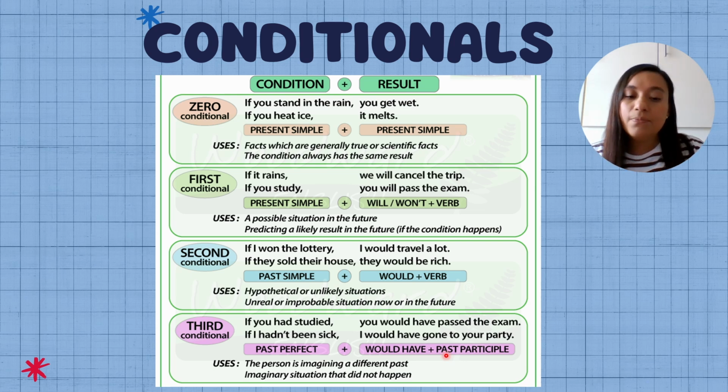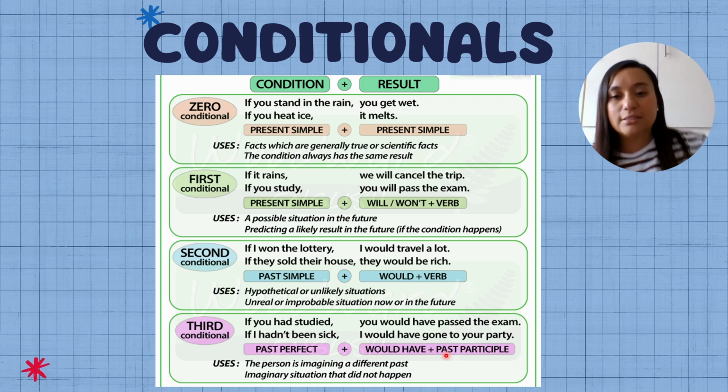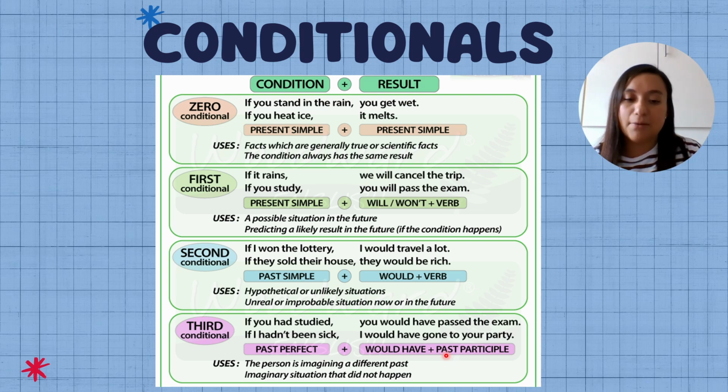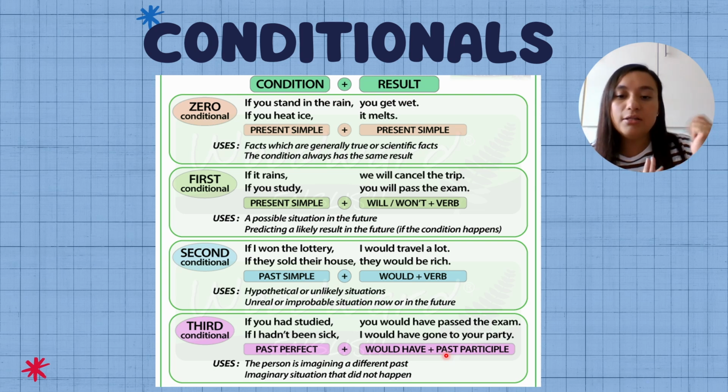Remember that this third conditional is not commonly used, but you need to take into account that it exists. El tercer condicional no se usa tanto, pero hay que tener en cuenta que existe, ¿cierto? If you had studied, o sea, esto me refiere a que yo no estudié realmente, o que esa persona no estudió, pero se está imaginando que sí lo hizo. Tú podrías haber pasado el examen. You would have passed the exam. Those are the 4 different conditionals.